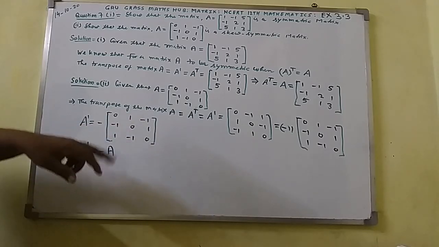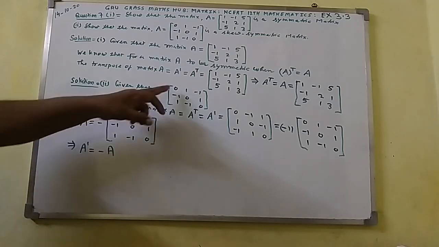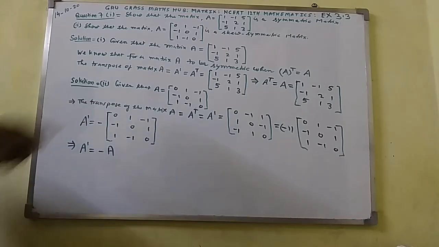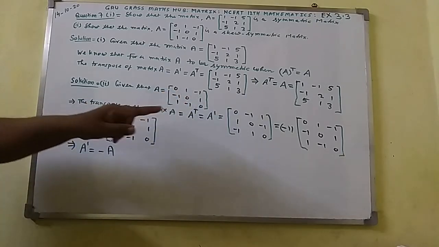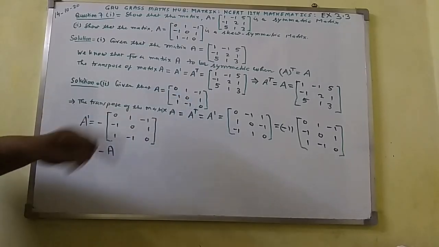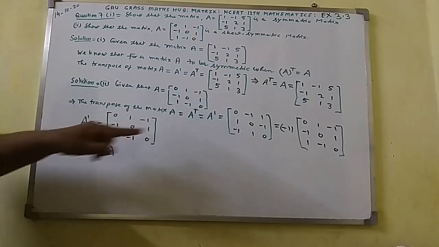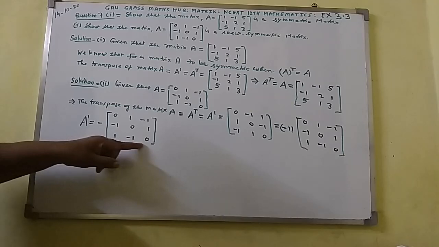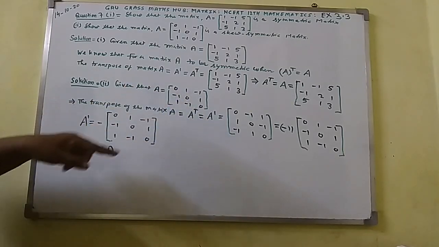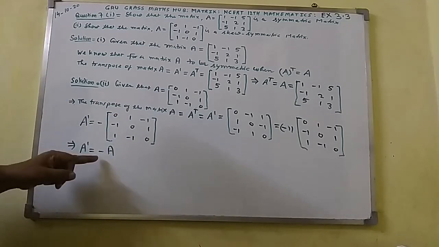Just compare this one. Here we have got the elements of first row 0, 1, minus 1. Here 0, 1, minus 1. The elements of second row you have got minus 1, 0, 1. Here the elements of third row you have got 1, minus 1, 0. So this matrix has been reflected here, and this minus I have reflected.